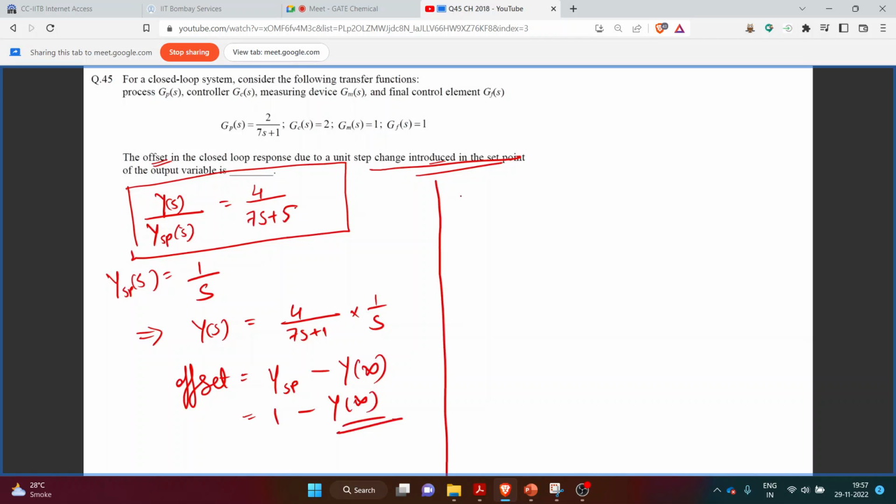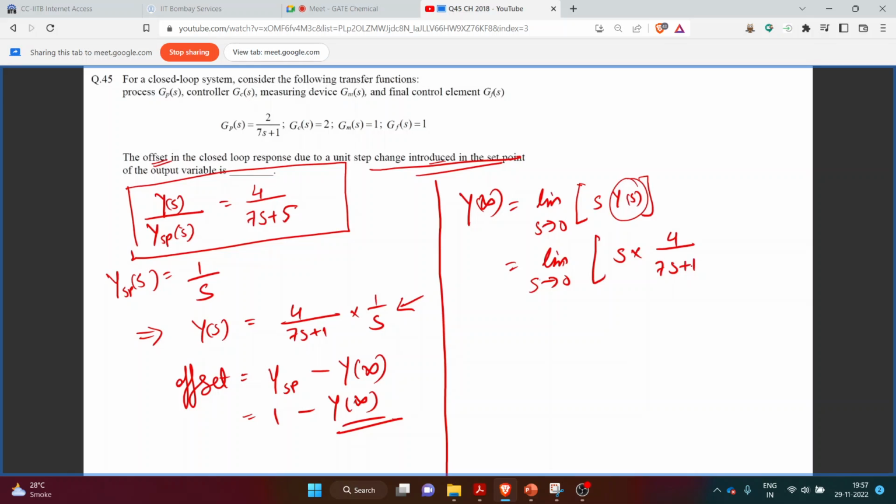So to find this Y infinity, we can use the final value theorem that states limit s tends to 0, that is Y of infinity will be given by limit s tends to 0 of s into Y(s). So let's just replace this Y(s) from over here. So we will be getting limit s tends to 0 of s into 4 upon 7s plus 5 into 1 upon s.